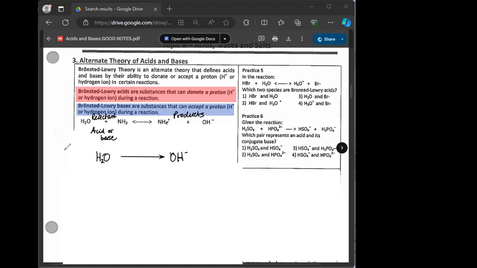Okay, so we need to figure out if the H2O lost a hydrogen or if it gained a hydrogen in order to become OH minus.